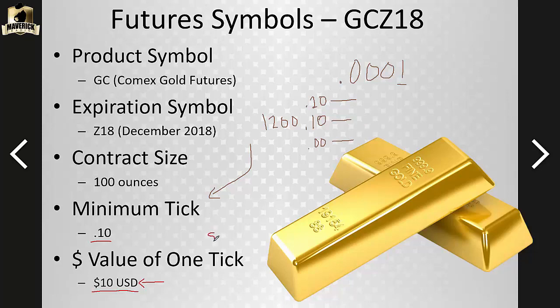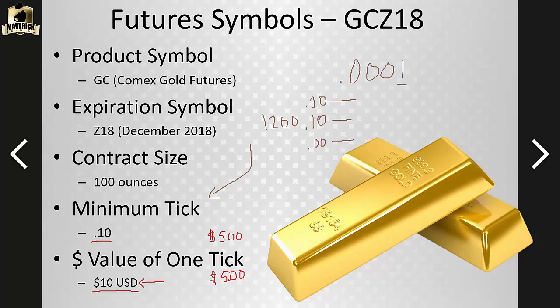If you say, okay, well, I don't want to risk any more than $500, well, now you know that you basically are looking at 50 ticks, or you're looking at $5. So you'd be looking at a $5 move, saying, hey, I will be in this for no more than a $5 loss. That would give me the equivalent of a $500 loss. So it really is fairly simple whenever you look at these symbols.